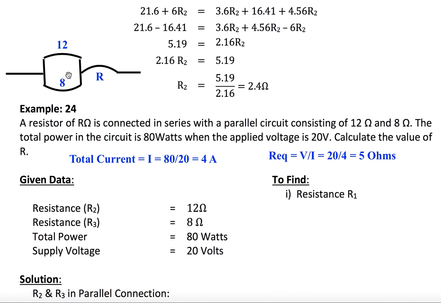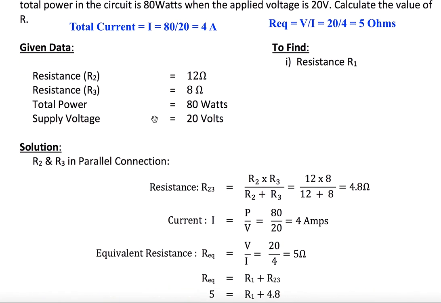Why like that? 96 by 20, that is correct. 96 by 20, 48 by 10, 4.8. Okay, 24 by 5 is also 4.8. So 4.8, so R equal to 0.2.